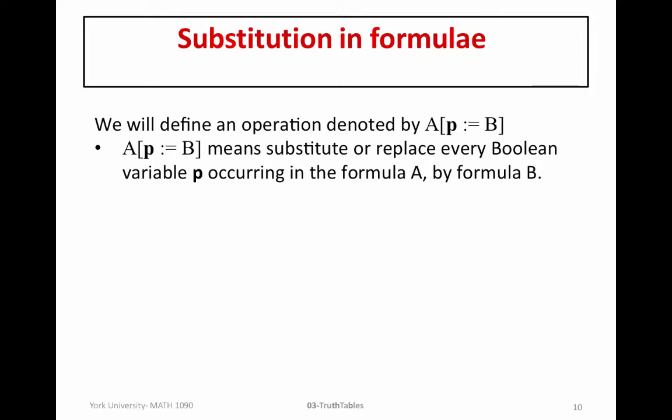So you will see that the definition looks much more complicated, but essentially all you need to think about is wherever you see a P in A, you replace it by the formula B.